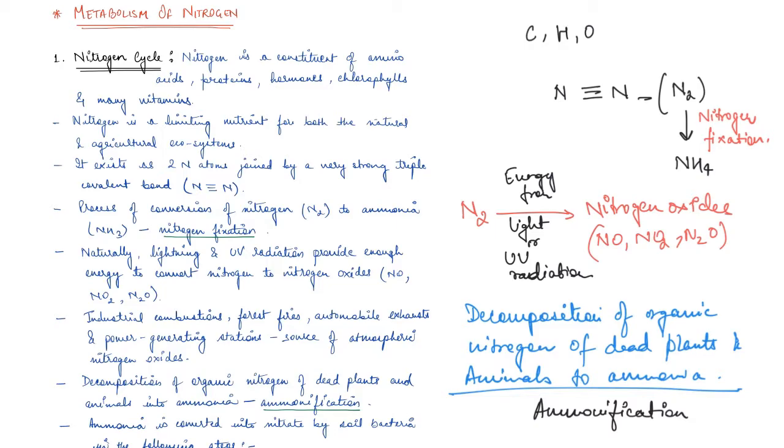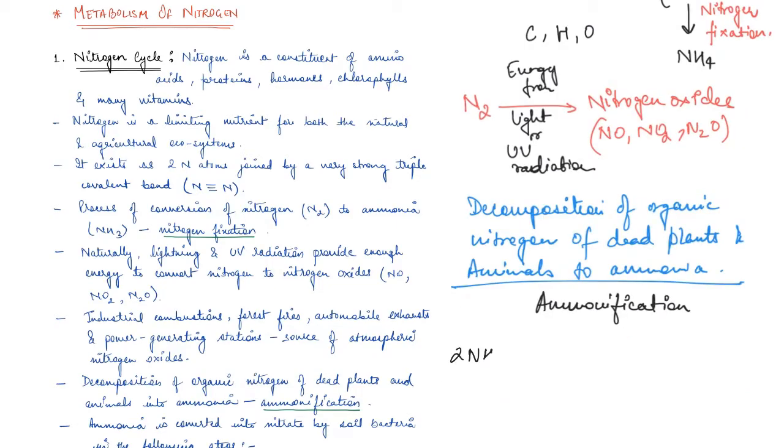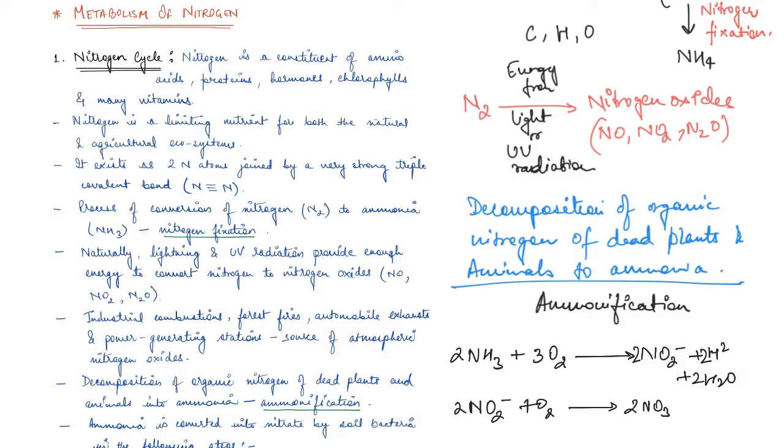So basically what happens here is the ammonia which is being formed combines with oxygen and forms nitrates, and water is released as well, right? Or then what happens? This nitrogen oxide again combines with oxygen and forms nitrogen oxide, right?